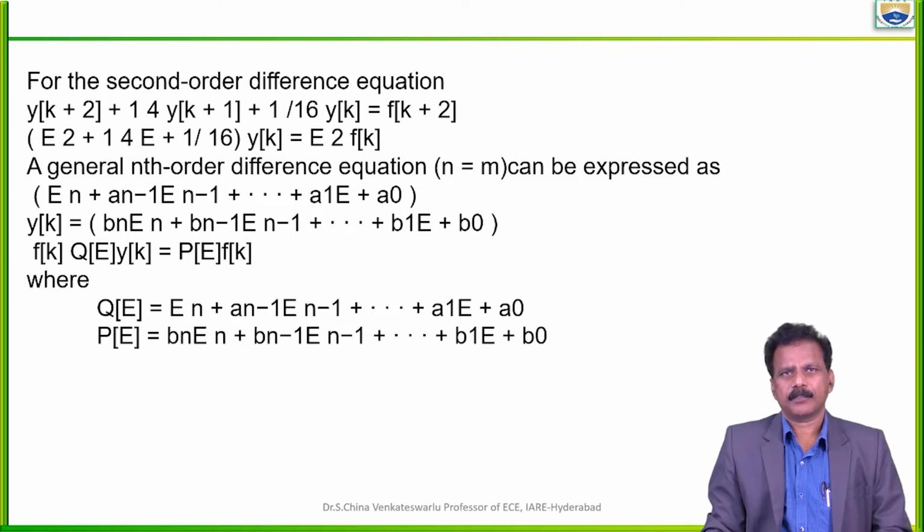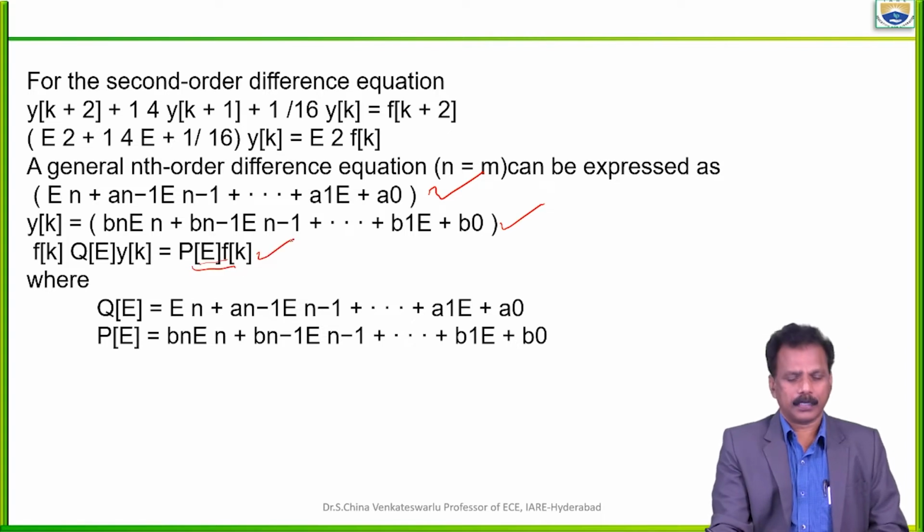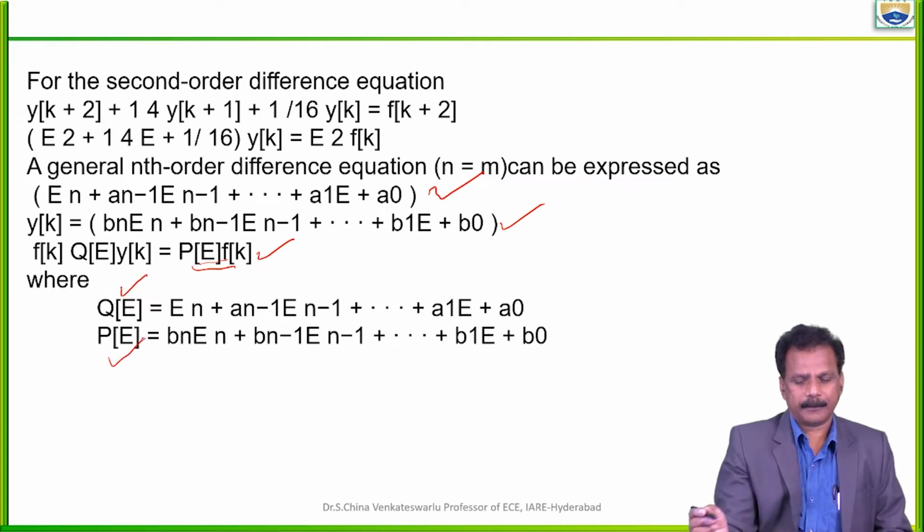That means E square plus 1 by 4 E plus 1 by 16 into y of k is equal to E square f of k. The general nth order difference equation can be expressed as Q of E y of k is equal to P of E into f of k, where we know Q of E and P of E.